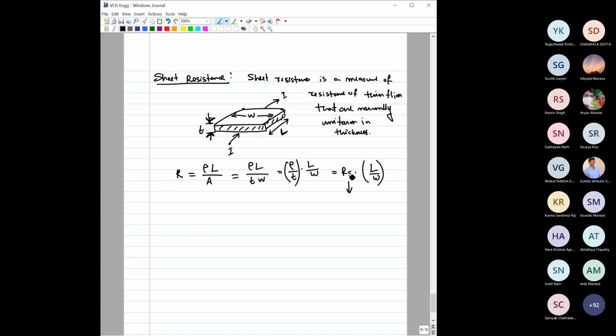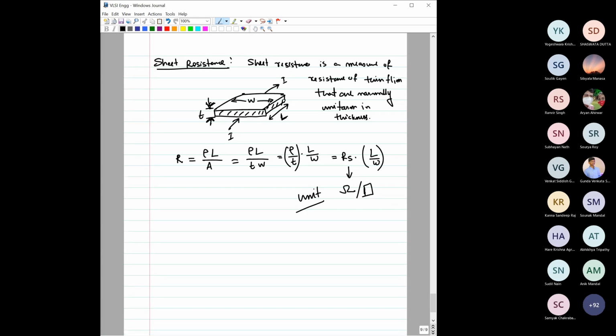So Rs is also expected to have unit of ohm, but to differentiate it from the normal resistance, we say it is ohm per square. So you understand? Its expected unit is ohm, but we say it as ohm per square.